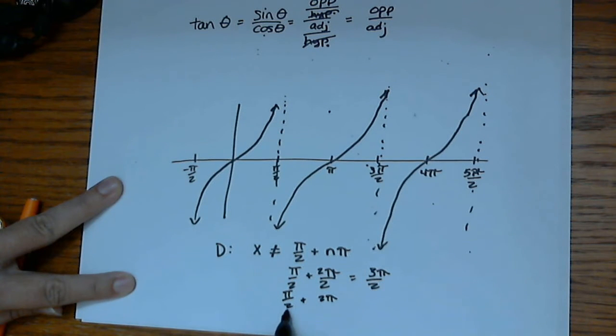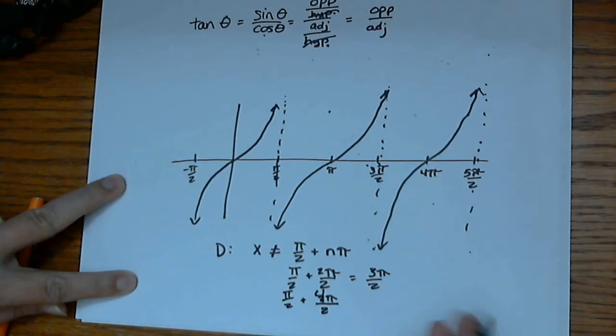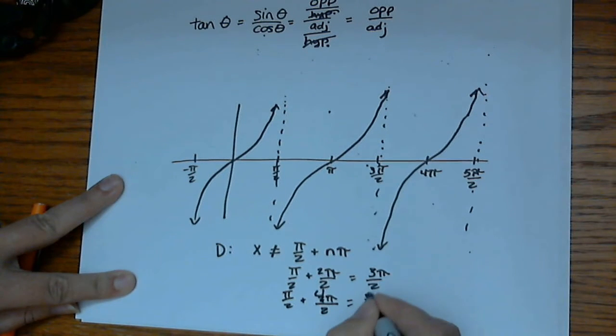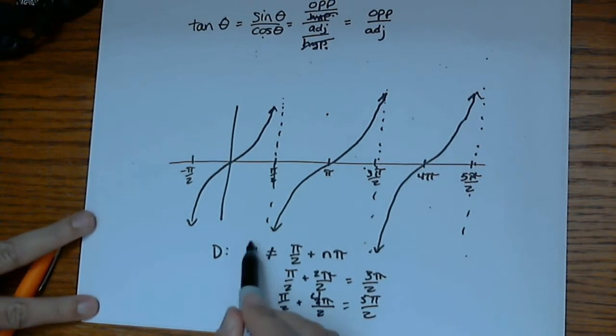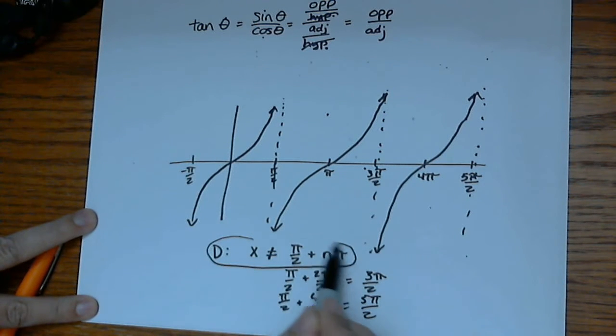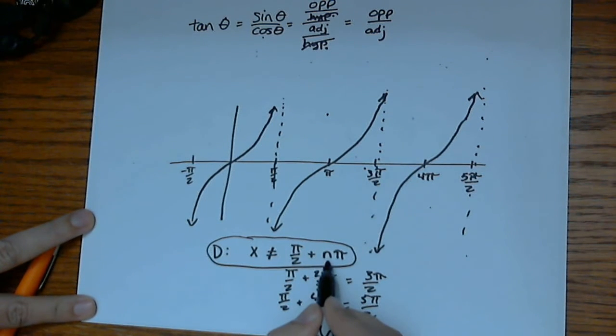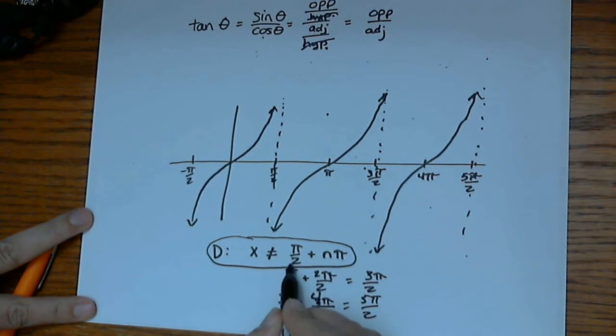But we can't add unlike denominators, so 2 pi actually ends up being 4 pi over 2, which would end up being 5 pi over 2. So when we use this formula for our domain here, n can be any integer, positive or negative, and this will give us a definition of all of the places where the asymptotes are going to show up.